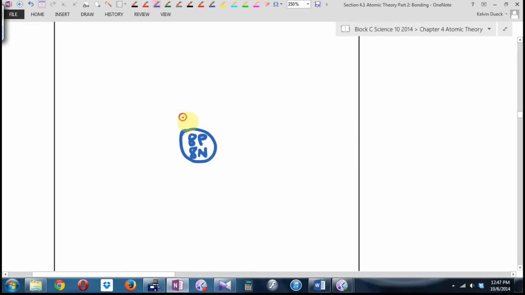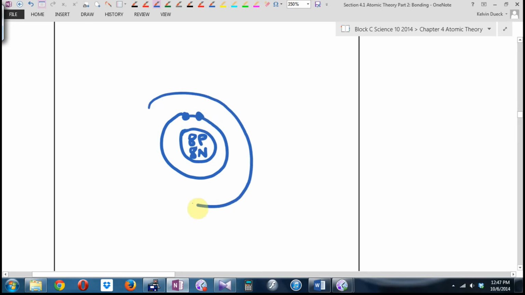Oxygen has 2 on the inner shell. And then in the outer shell, look up. It has a lone pair, a singleton, and a singleton for 6.